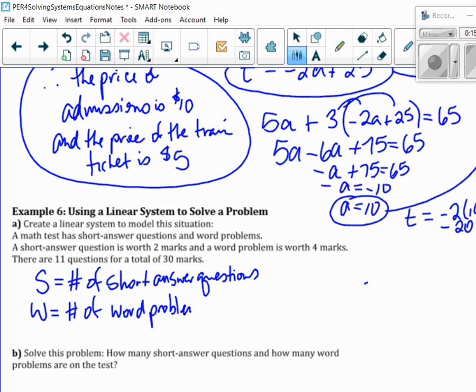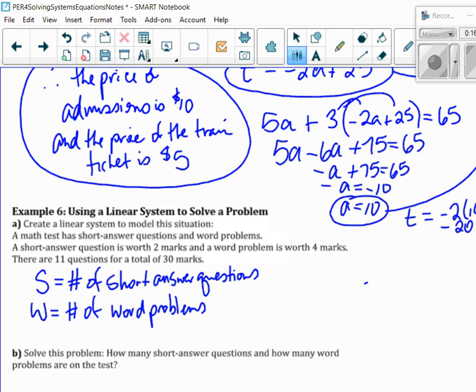Okay, so who can give me the first equation? Melissa? I used W equals negative S plus... No, that's probably not your original equation.